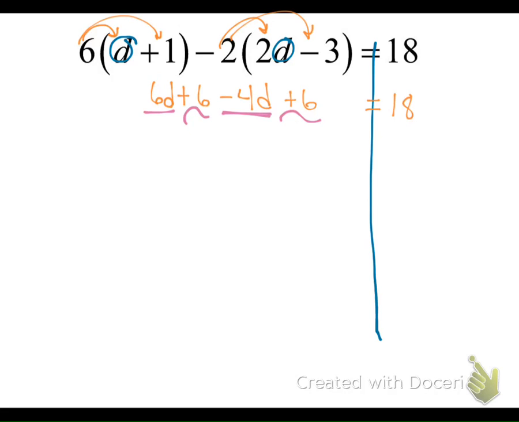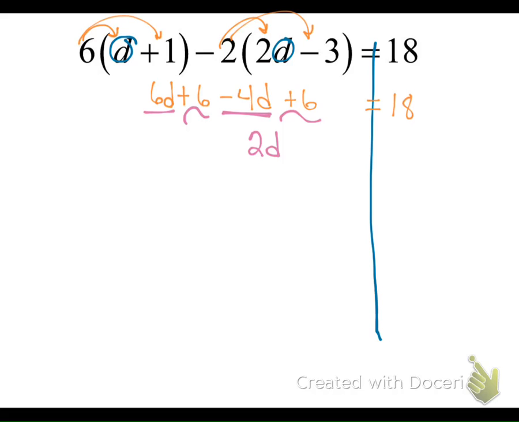What's 6 minus 4? 6D minus 4D is 2 what?